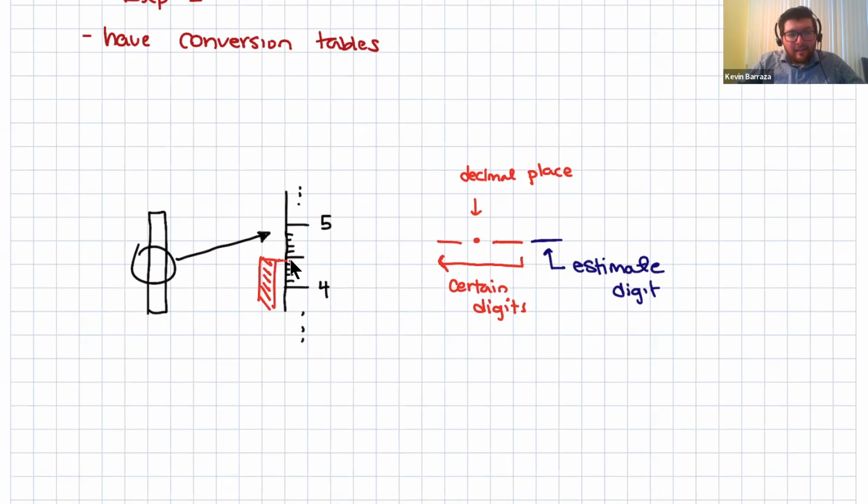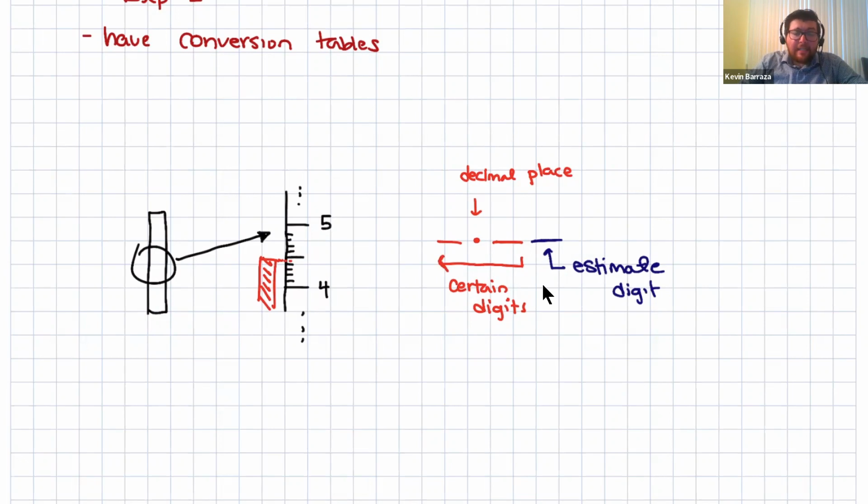Because if our object were in between that little space, then that means we could guess what that next little digit is by thinking about, well, if it's over halfway to the next digit or less than halfway to the next digit, we can give our best estimate of what that is. So the point is that your centimeter ruler, because of the way it's been designed, can go to 2 decimal places always.